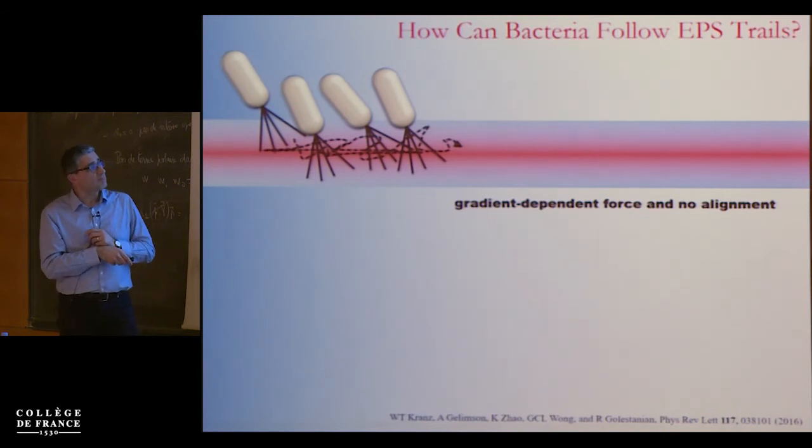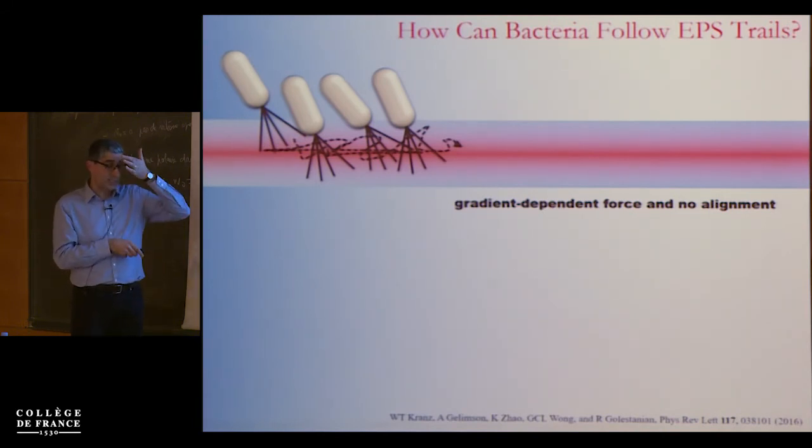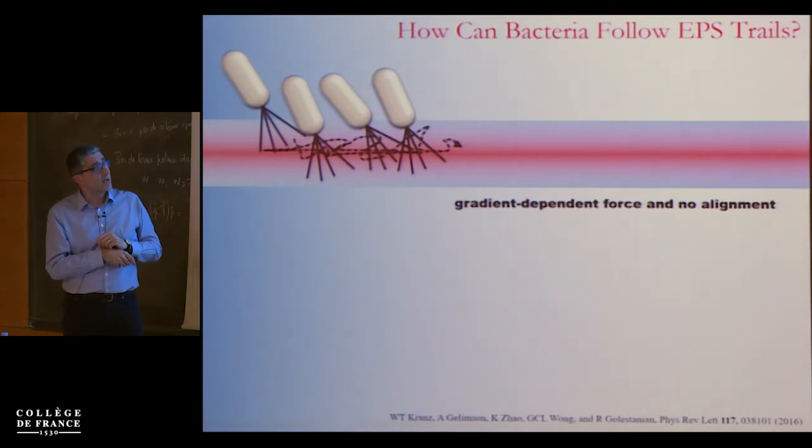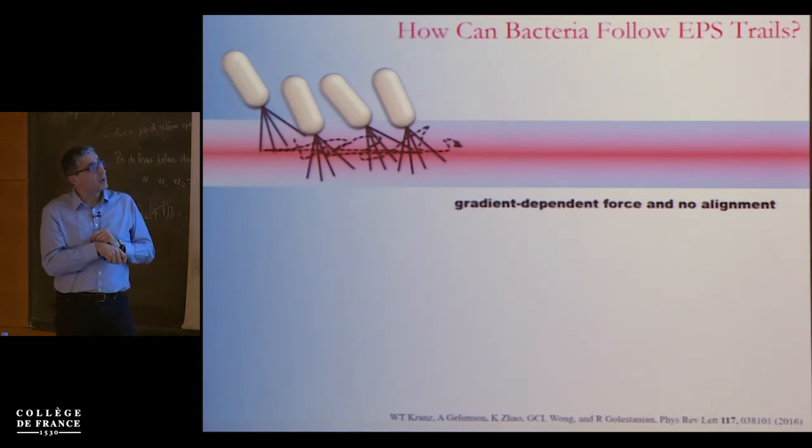So you can learn things from basically writing microscopic equations like the ones that we wrote for colloids. And one of them, in the case that you have a polysaccharide trail like that, which is left behind by a previous bacterium, is that the gradient sensing cannot be simply in the form of translation, which is what we know from bacteria, because basically there's only one type of gradient in this track, and that's perpendicular to the track.